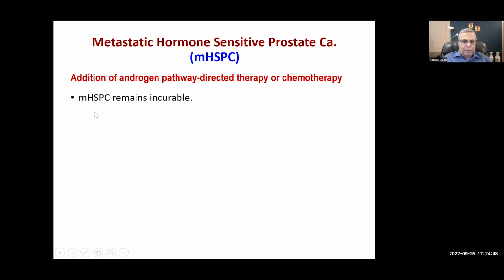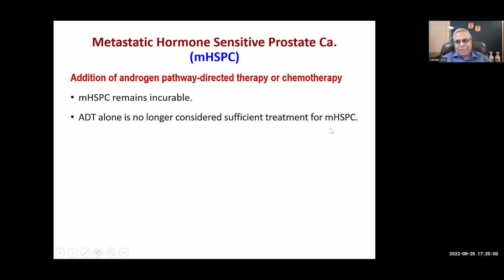But remember that metastatic hormone-sensitive prostate cancer is not curable. Androgen deprivation therapy alone is no longer considered sufficient, which means that if you are giving these therapies that I just mentioned, they're not sufficient. You have to give something else in addition to that.